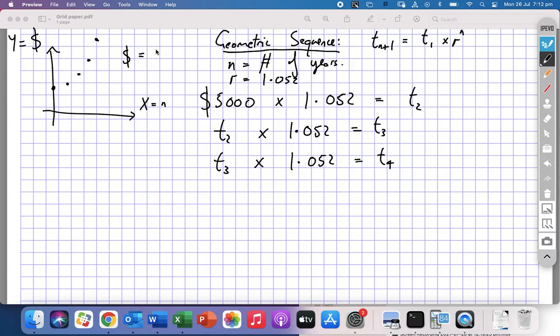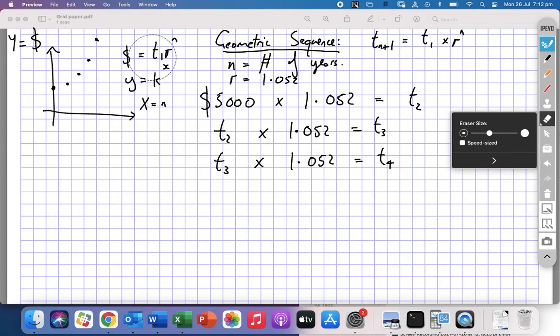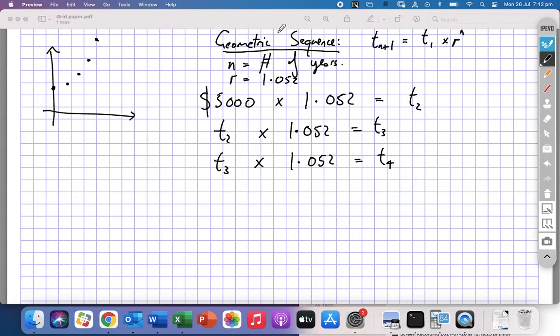So when we've got t1 r to the n, that's just like a y equals some number to the power of x, right? And it's just growing like this. The difference technically is that when we're looking at sequences of amounts, you can see the way I've just drawn dots here.